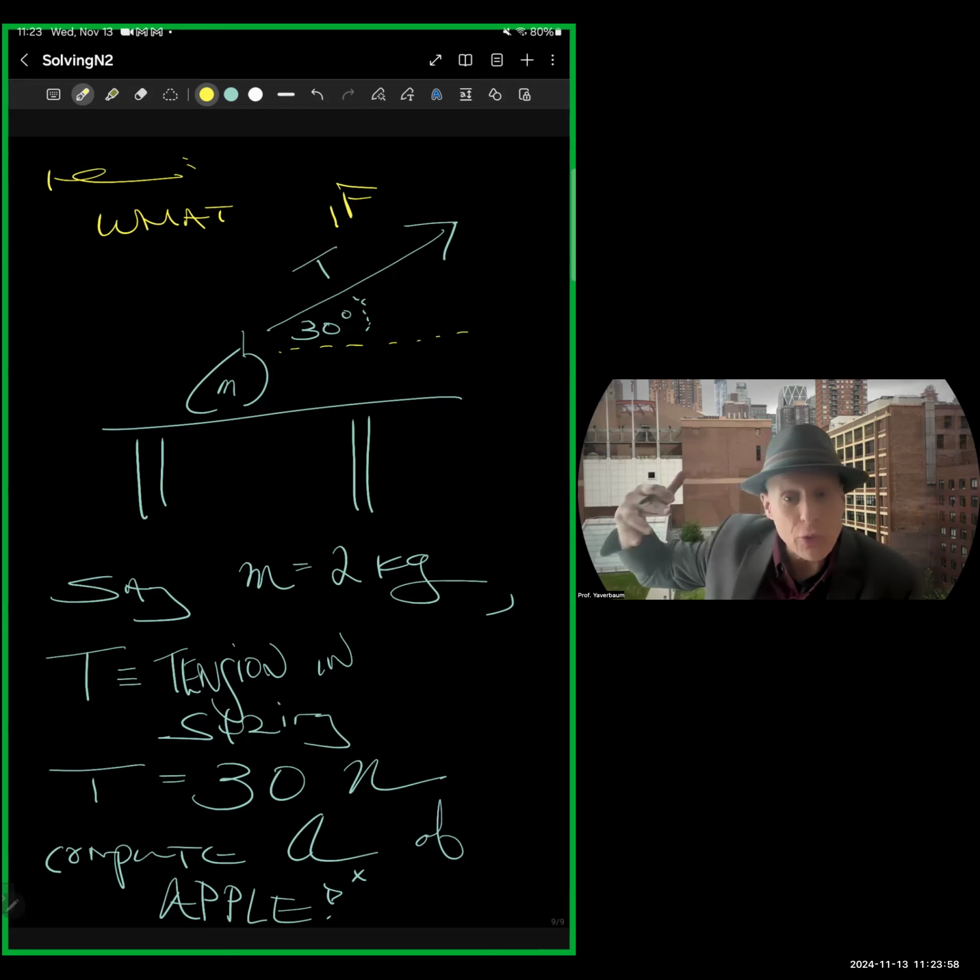The string exerts a force that we would call tension. Let's say the tension in the string is given as 30 newtons. I'm just making up numbers.